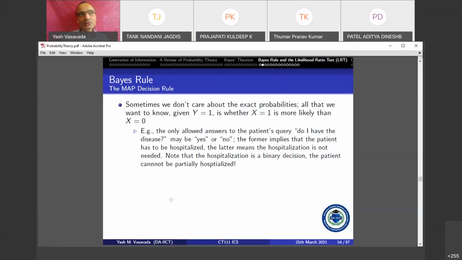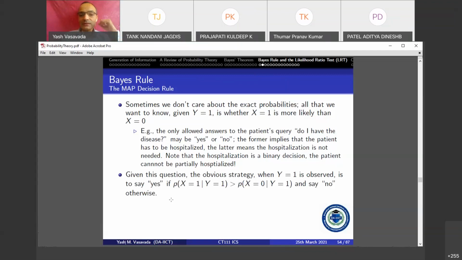It's good to know how confident you are, whether you don't have the disease or you have the disease. That level of confidence is measured by the exact values of posterior probabilities. But a lot of the times we want to also decide in a binary manner, yes or no, whether the transmitted bit is 1 or 0.